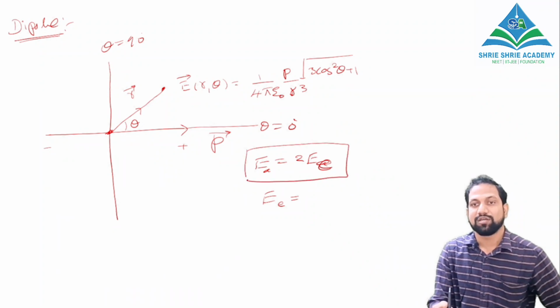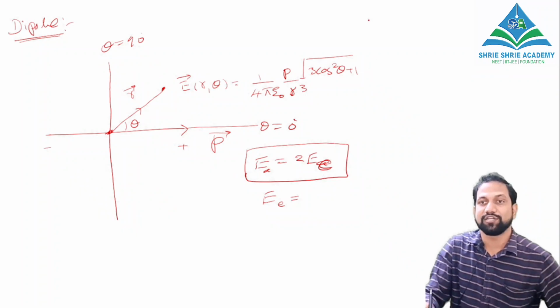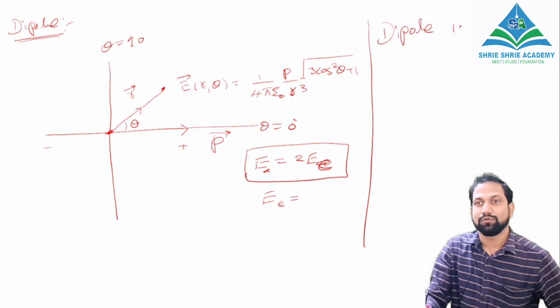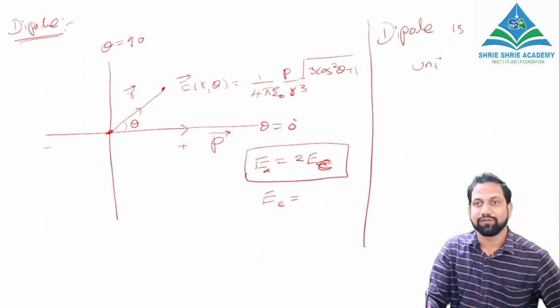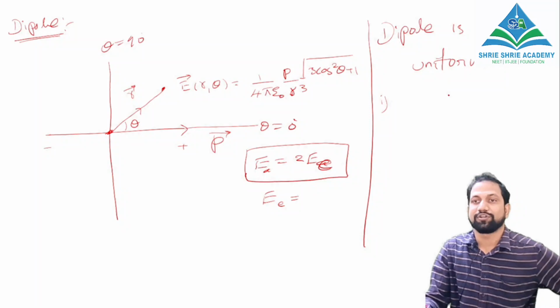And in the same dipole topic, they will ask, if the dipole is suspended in a uniform electric field. Remember, if the dipole is suspended in a uniform electric field, it will not experience any force.